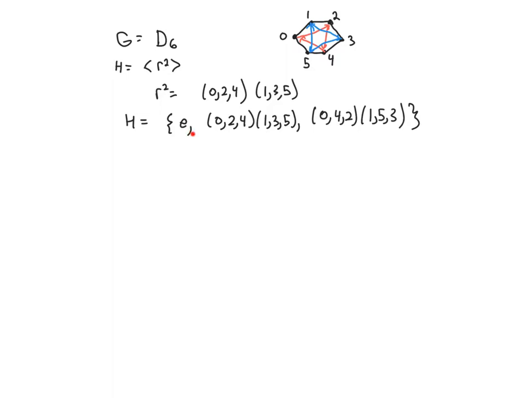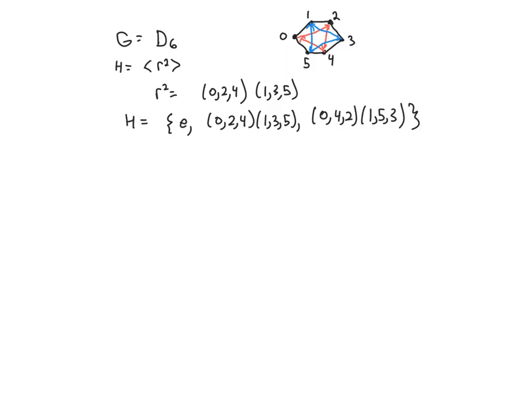Note where the commas are here. This is a product of 2 3-cycles. And these are 2 different elements here. Each element is a product of 2 3-cycles. So there are 3 elements overall. And each element is a permutation of 6 symbols.